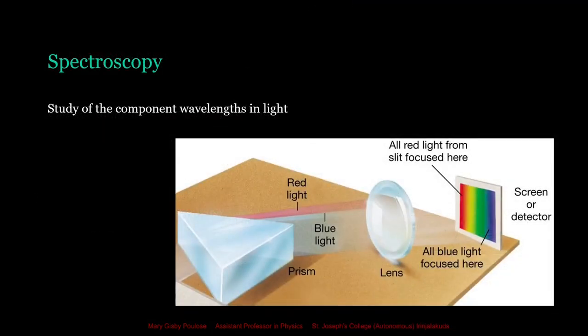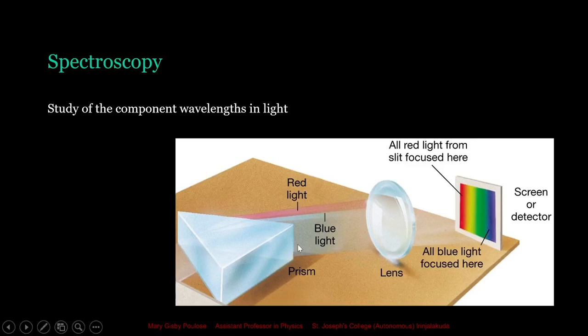Now let us see what spectroscopy is and how we do it. By spectroscopy, we understand that it is the study of the component wavelengths in light. So we are studying the different wavelengths and the amplitudes or intensities of each wavelength in that light.